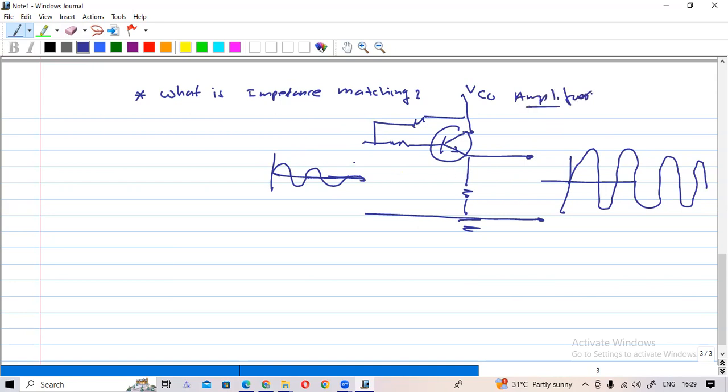So when a high speed signal is being sent, mainly in the RF range, you are sending that signal through a cable or a line. If you are sending a signal, it should be a transmission line.